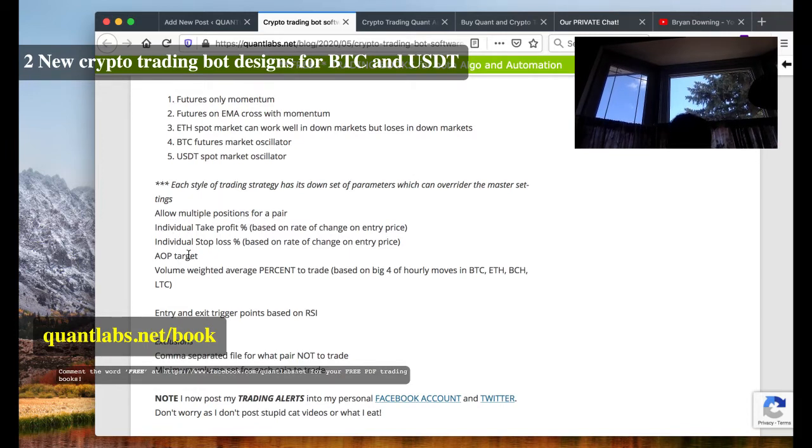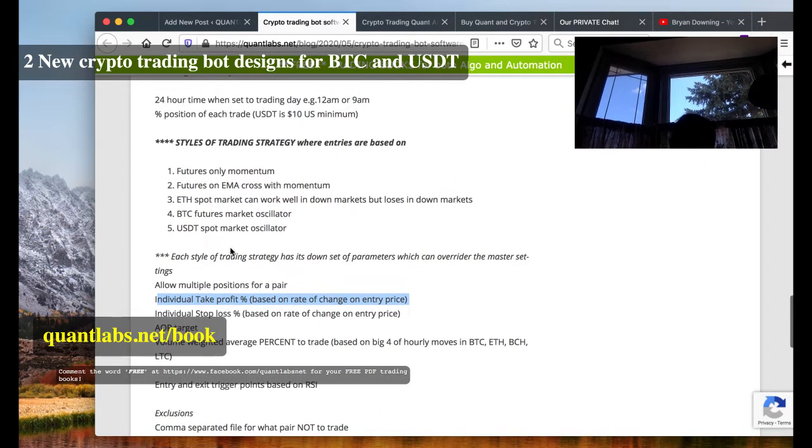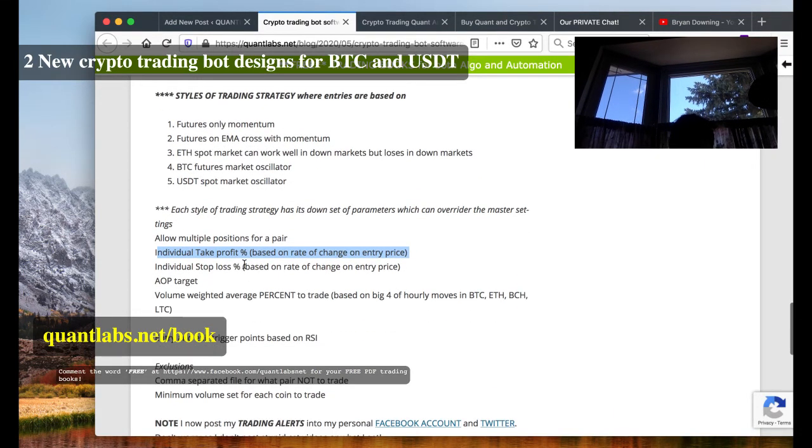Okay, so the strategy, individual strategy type, any of these 5 and more to come, can have an individual take profit for that position.